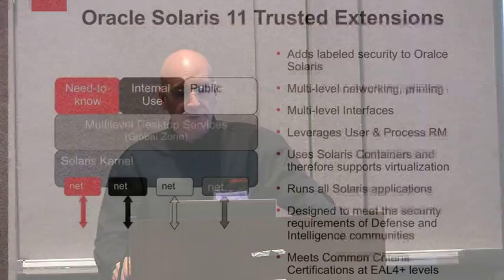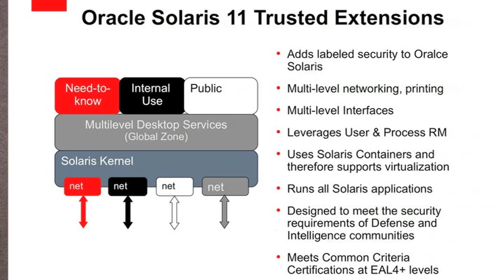Last thing I'm going to talk about is trusted extensions, which was introduced also in Solaris 10. This is basically a special mandatory access control framework based on Solaris zones that is used to provide label-based separation between processes running at different labels.